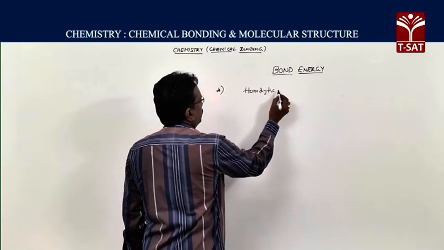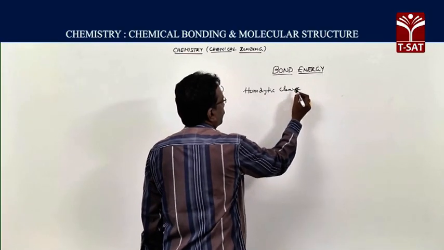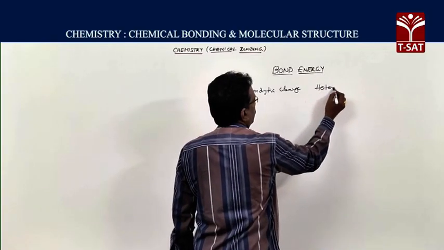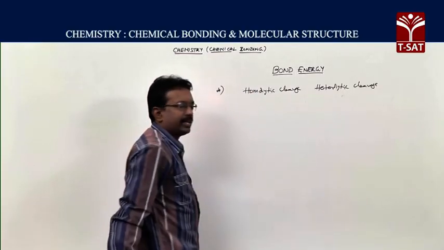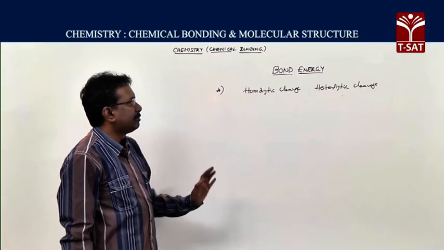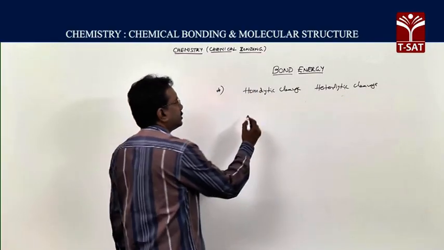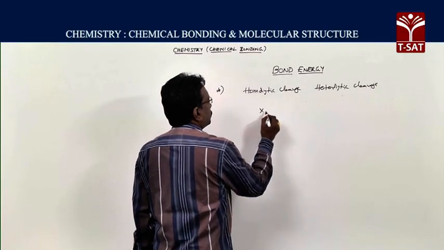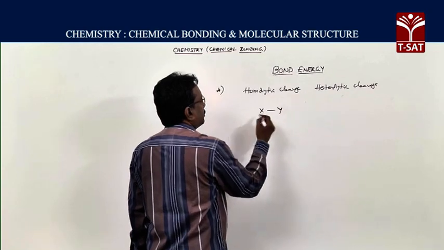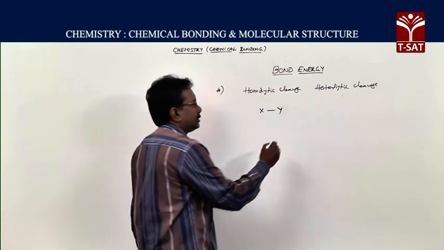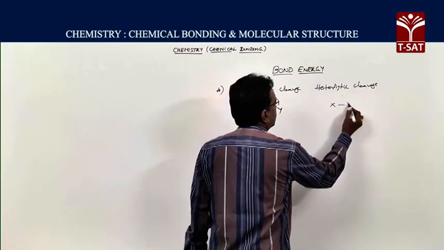Here I am writing one word, homolytic cleavage. This is heterolytic cleavage, homolytic cleavage, heterolytic cleavage. That means, if we have a bond like X-Y, just one bond I am taking for explanation purposes.